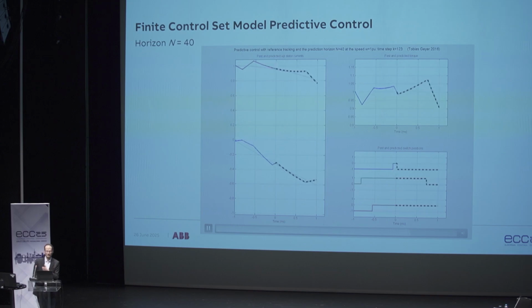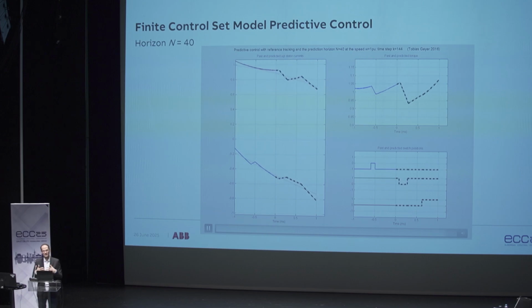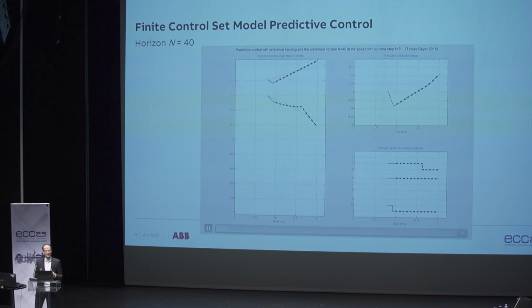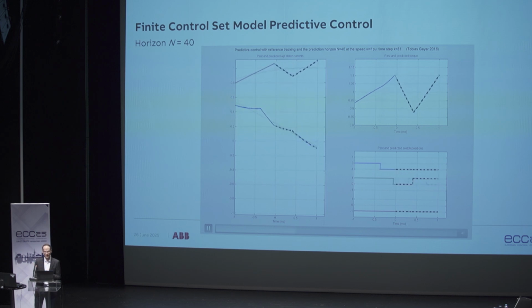So things with negative times are the past, and everything to the right is a prediction. And you see that this works nicely. It is a non-convex optimization problem, hence the switching policy will have jumps every now and then, but the receding horizon policy works very nicely.